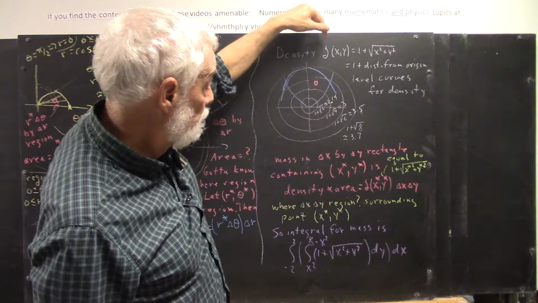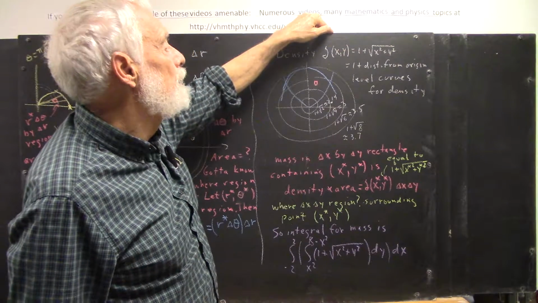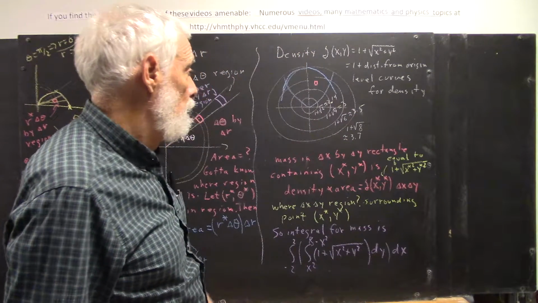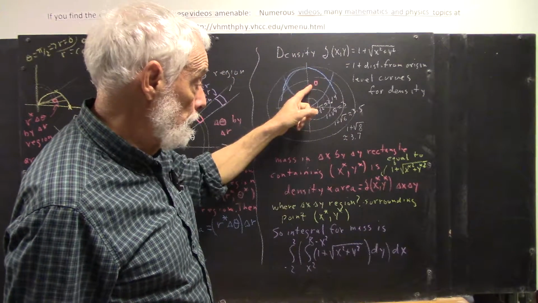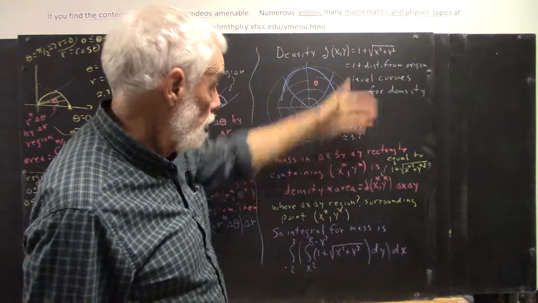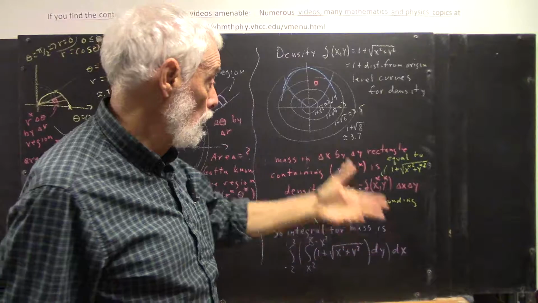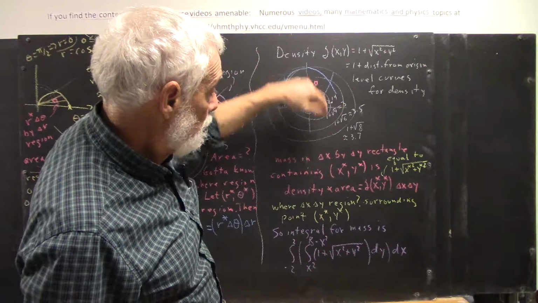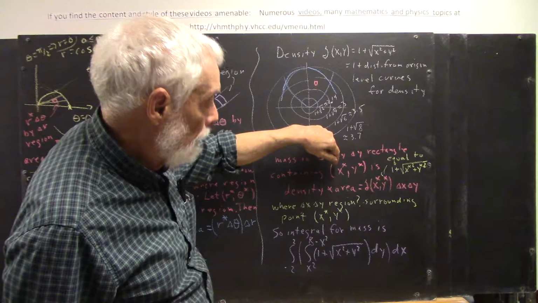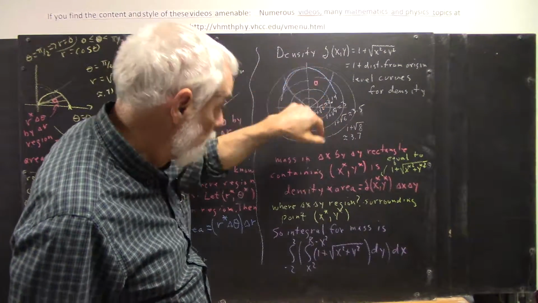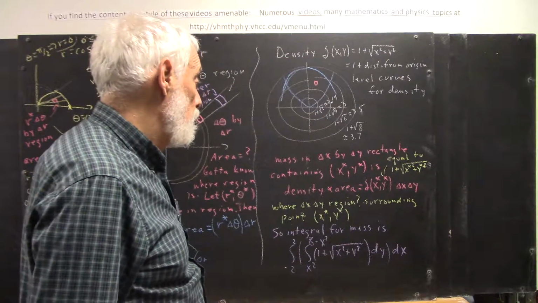The strategy is very similar. To figure out the mass in this region, we start by considering a typical delta x by delta y rectangle. We have to consider where it is, because the density depends on where we are. We're in a small rectangle that contains sample point x star, y star, which tells us where this is within the region.